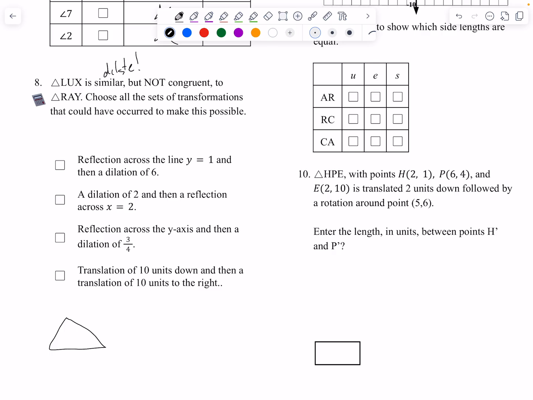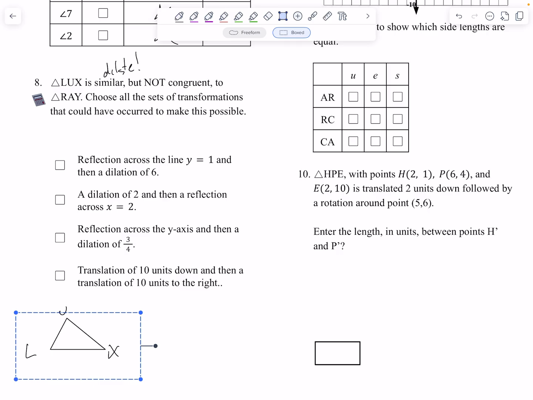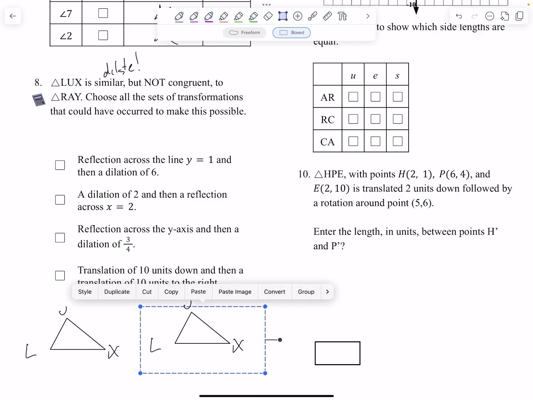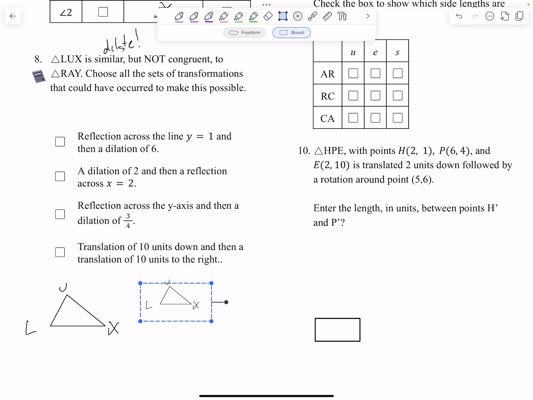So in other words, there's Lux. And now there's Ray. So it could have gotten bigger. I just made it smaller.